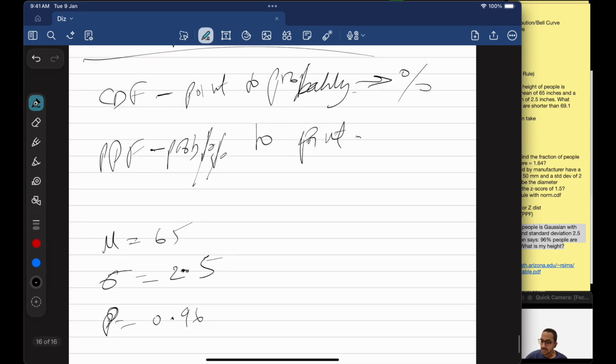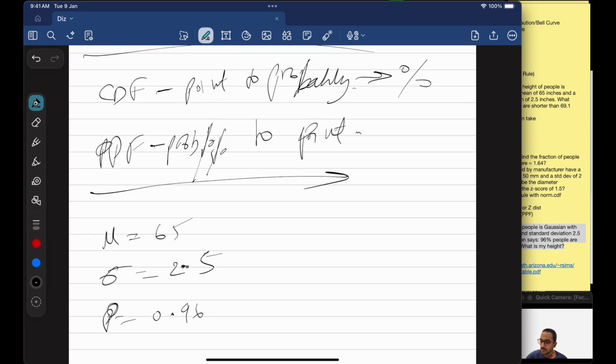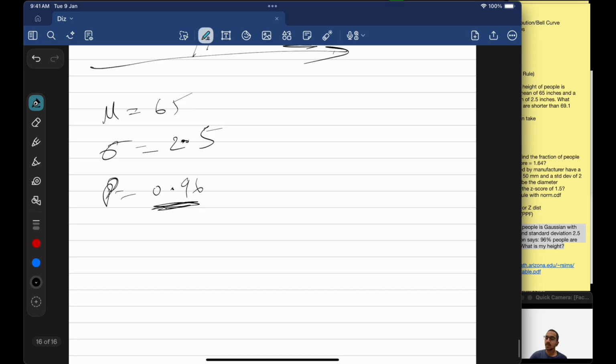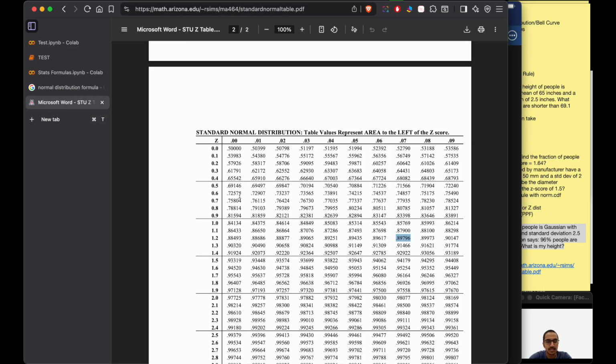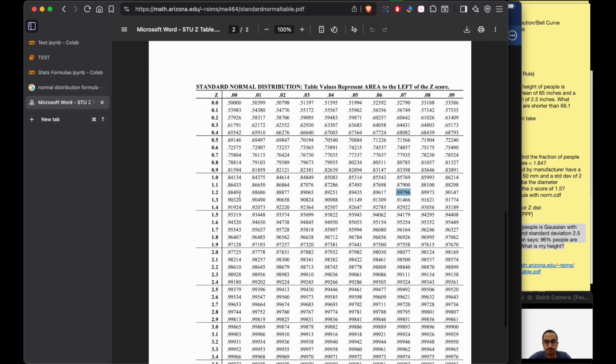As you can see, this is the PPF flow where you go from probability or percentage to the point. Since we have the probability, we can check the z table and get the z-score and then compute the point value, which is the height value. The probability is 0.96.